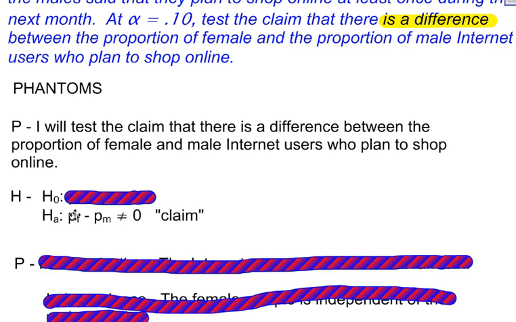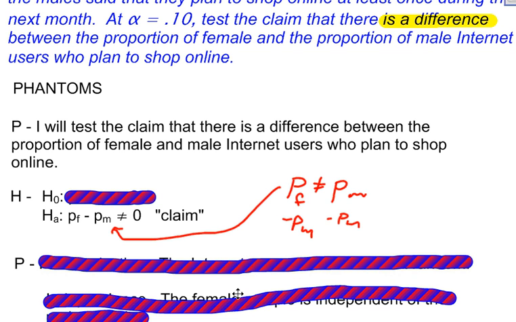The proportion of females minus the proportion of males is not equal to 0. Because if I take the proportion of females not equal to the proportion of males, if I set this equal to 0, I would go minus the proportion of males on both sides. And that gives me what I've got right here. Okay? So that's where this alternative hypothesis comes from.